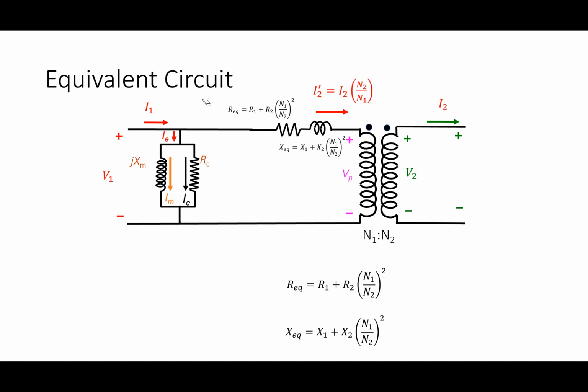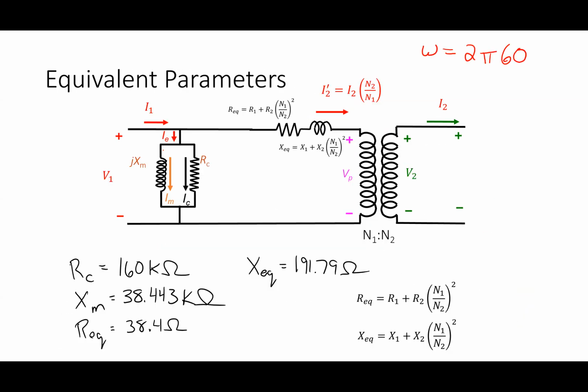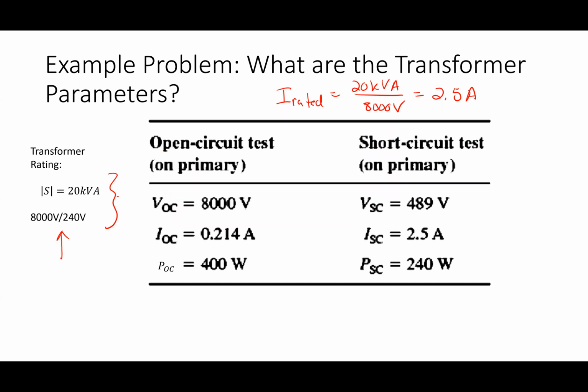But the bottom line is, how much current is going through this path right here? Typically, when the transformer is fully loaded, there is very little current going through this pathway. And when I say fully loaded, we're going to get to some examples of this. If this was a 20 kVA transformer, fully loaded means 20 kVA is passing through the transformer.